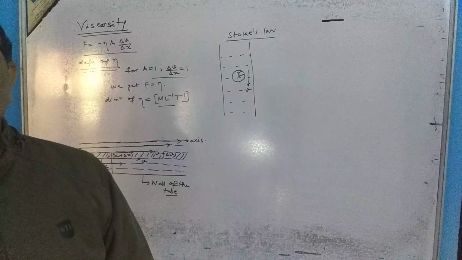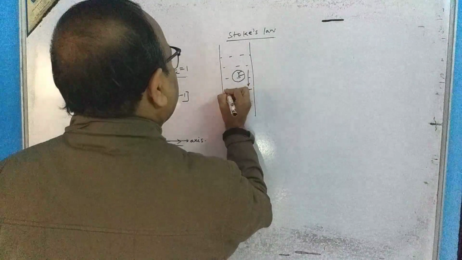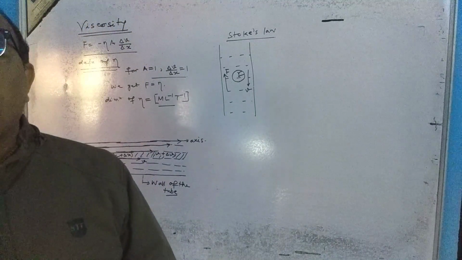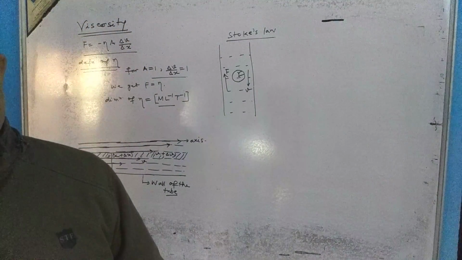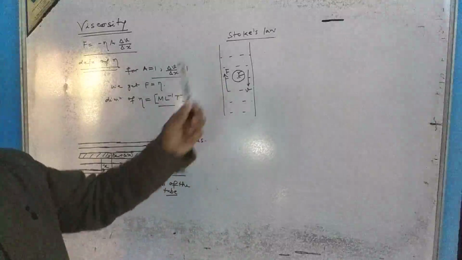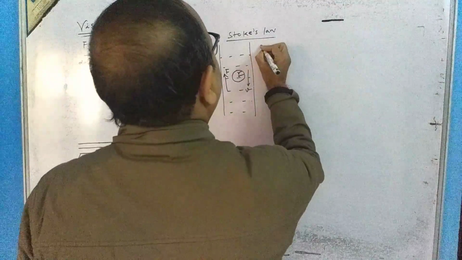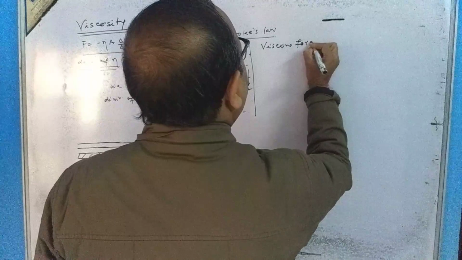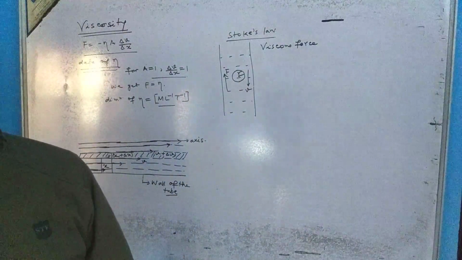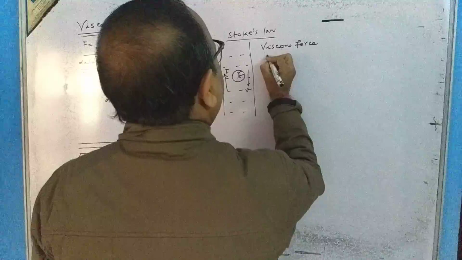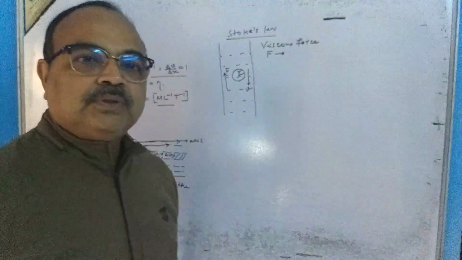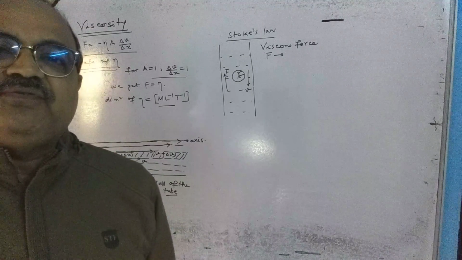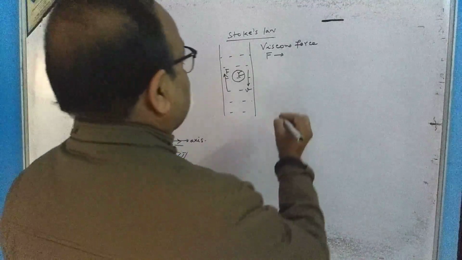According to Stokes' law, definitely a viscous force F will be there, which will oppose the motion. Viscous force is always an opposing force. According to Stokes' law, the viscous force F depends upon the following factors.